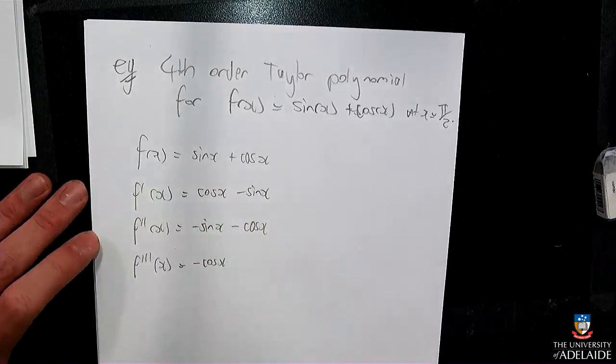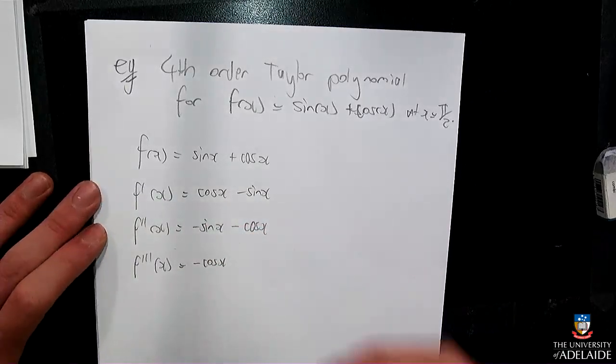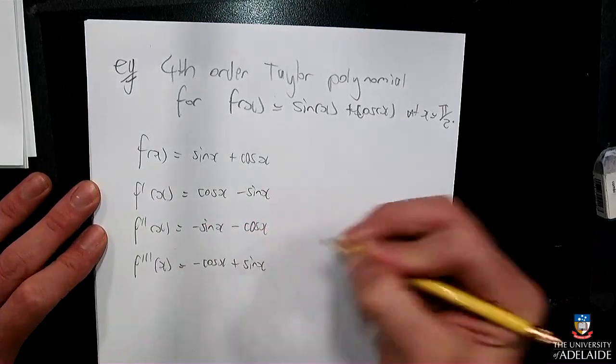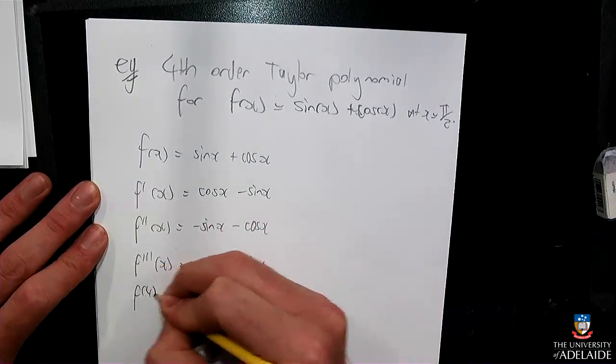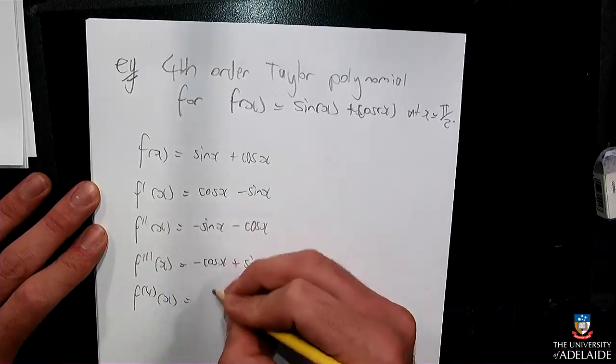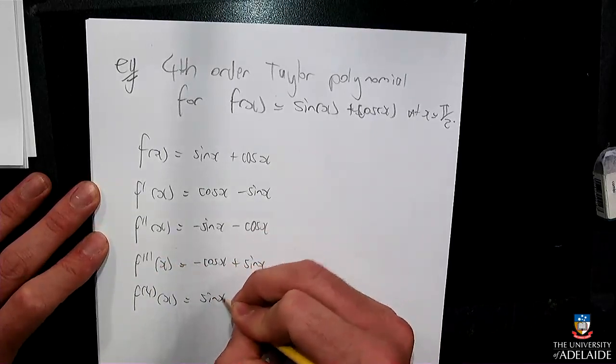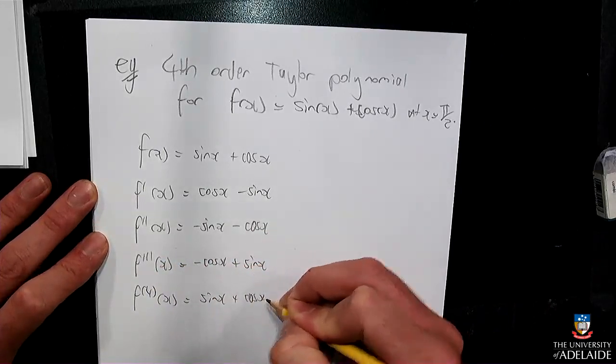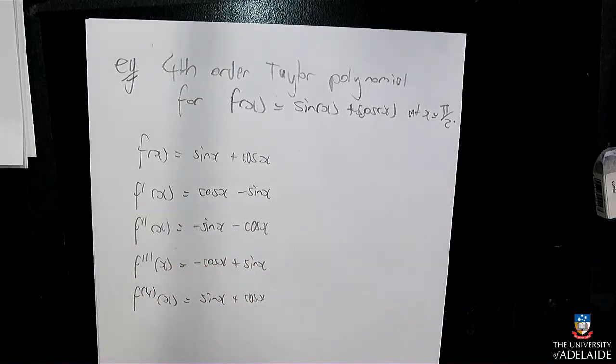So the derivative of cos is negative sine, and so we've already got a minus. And the 4th derivative will be sine again. Back to where we started. Nice. And in order to figure out the coefficients, I'm going to need to sub in the centre to all of these.